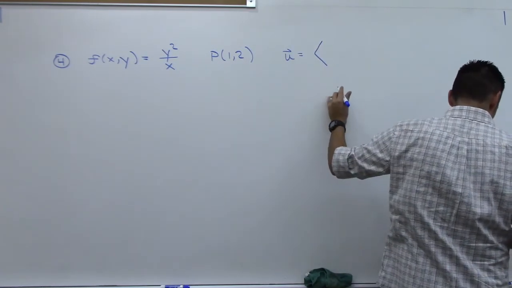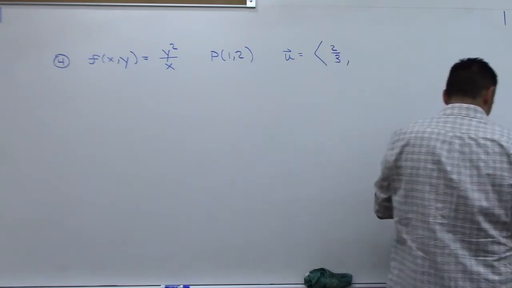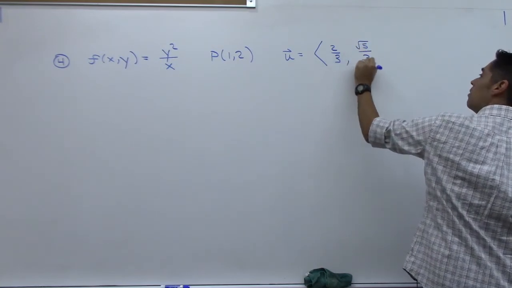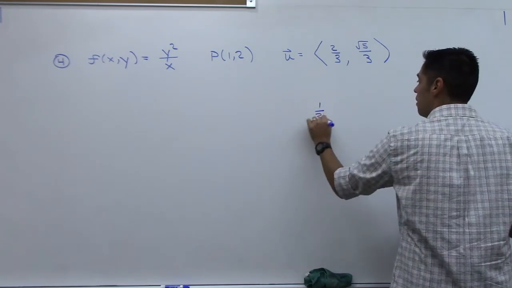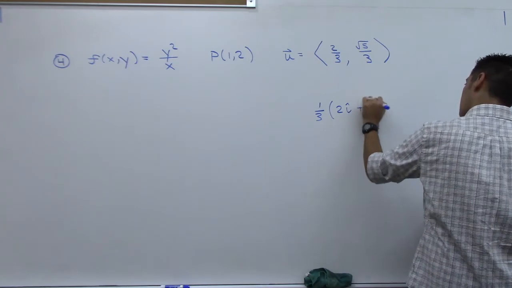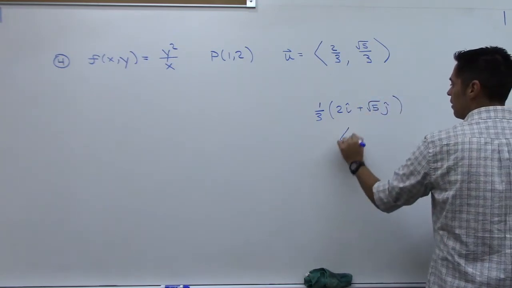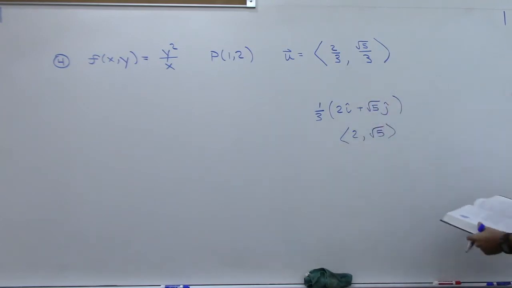It's 1/3 times 2i, so that's just 2/3. And then 1/3 times root 5, so this is root 5 over 3. So I'm just converting it from their form. They gave you 1/3 of 2 i hat plus root 5 j hat, and then I just turned this into the vector, with the 1/3.